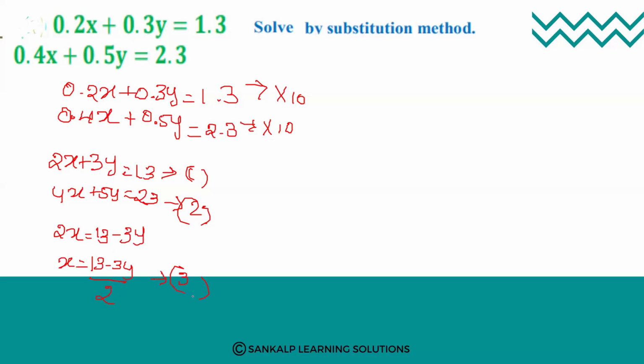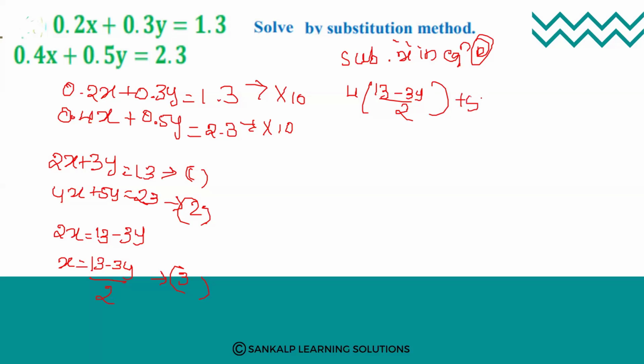Now substitute the value of x in equation number 2. So equation number 2 is 4 into 13 minus 3y divided by 2 plus 5y is equal to 23.